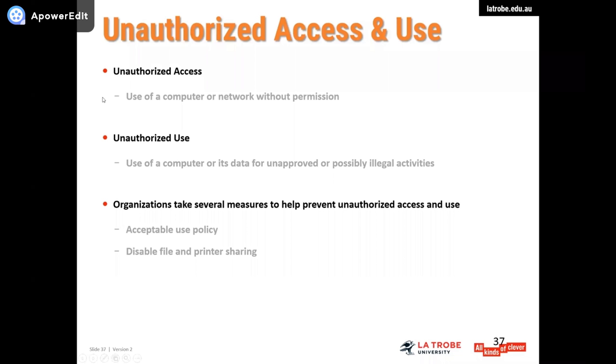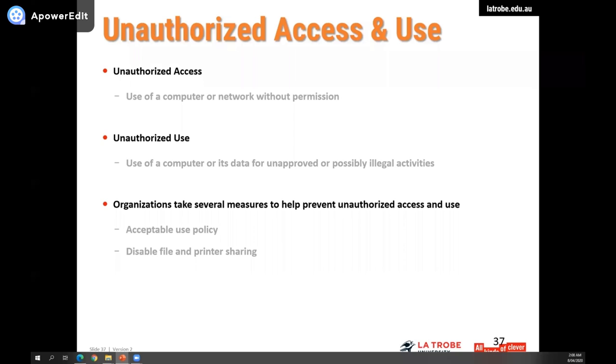Some organizations take several measures to help prevent unauthorized access and use. The first method is to use an acceptable use policy, which we call the AUP. An AUP is an agreement between the user and the service provider that defines how users are allowed to use the service or network. It contains both acceptable and unacceptable behavior.